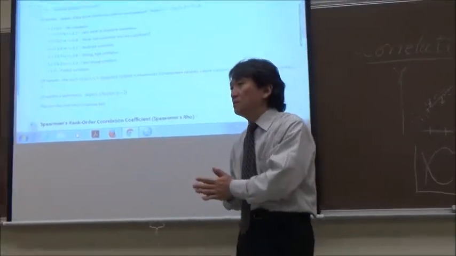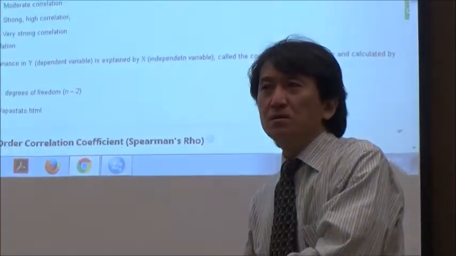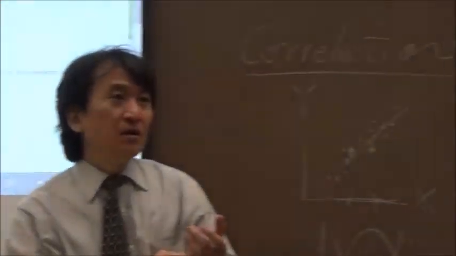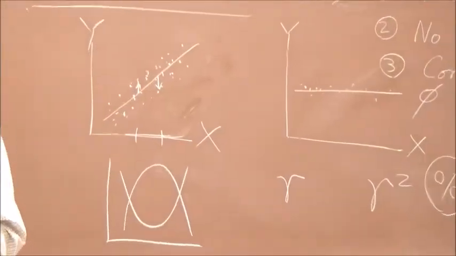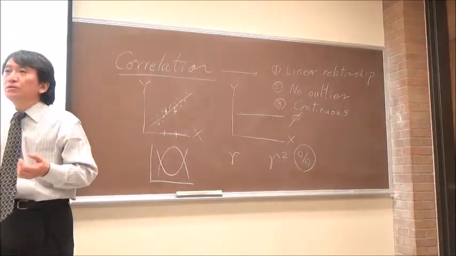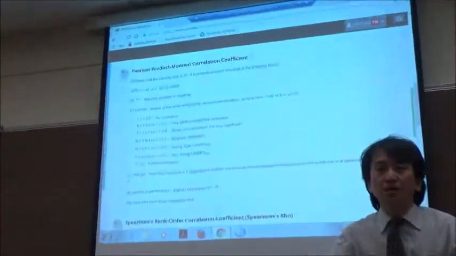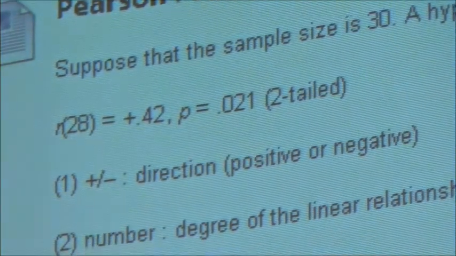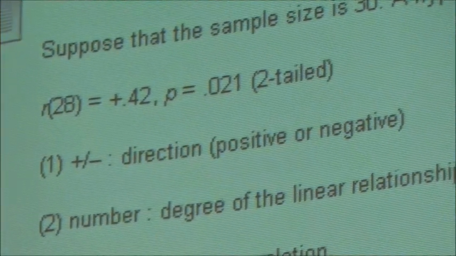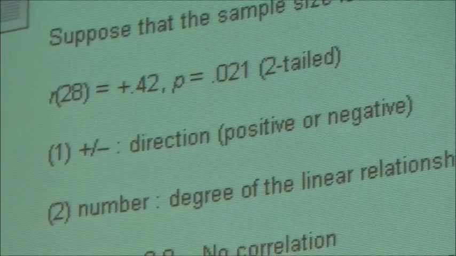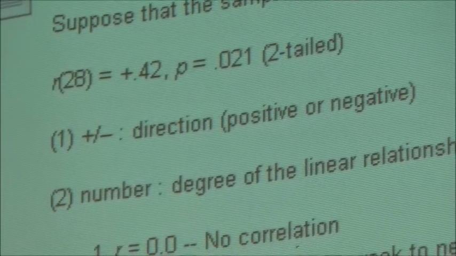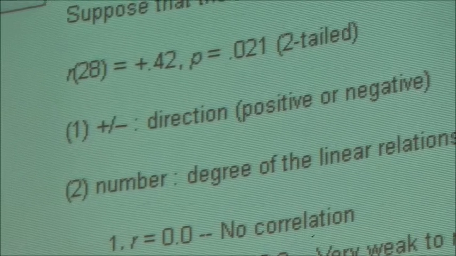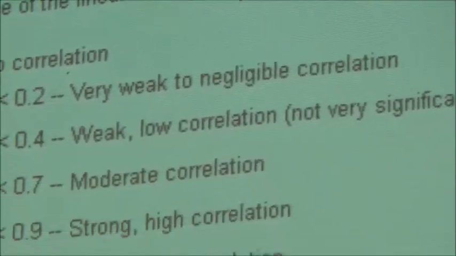Percent of variance can be explained. That's what it means, right? So, do you have a calculator? Would you please input 0.42 and then square it? What did you get? 0.1764, right? So 17.64% of variance is explained by X.